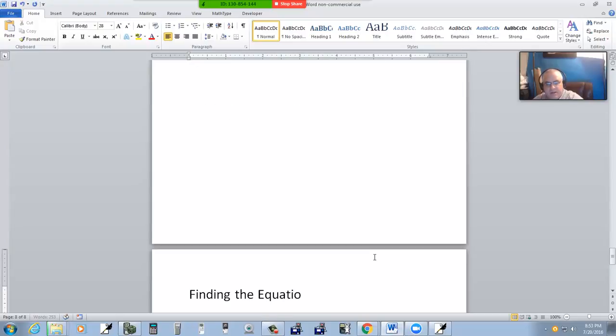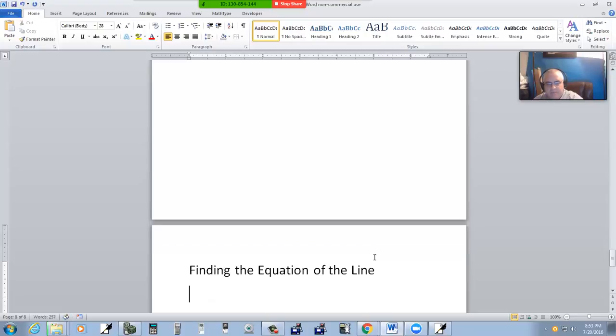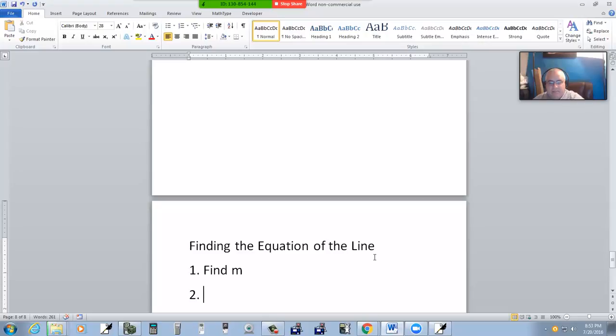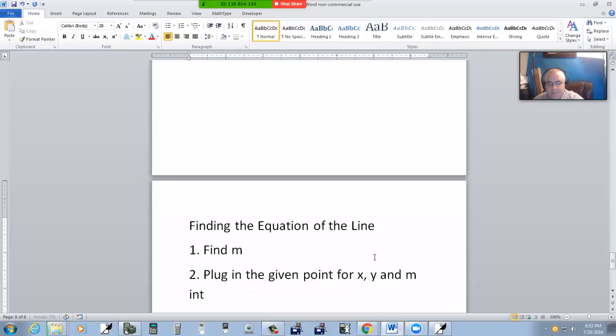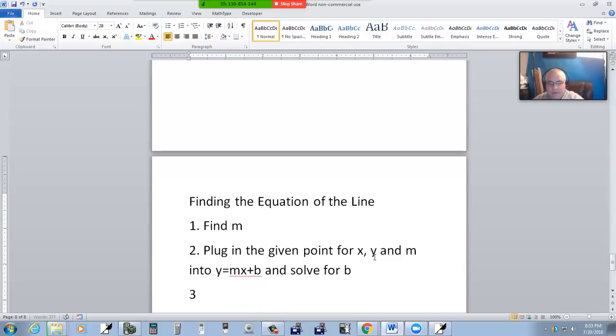Finding the equation of the line. Step 1, we want to find m. Step 2, plug in the given point for x and y, and m into y equals mx plus b, and solve for b. And then step 3 is write our answer down.